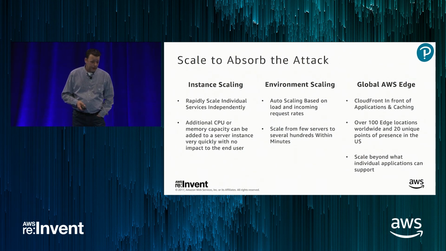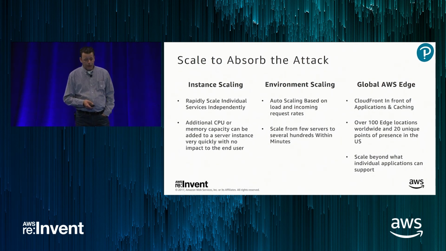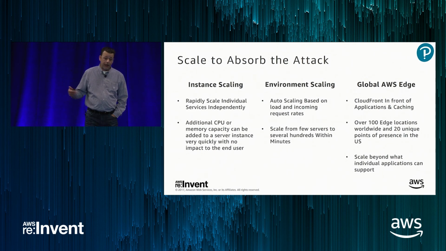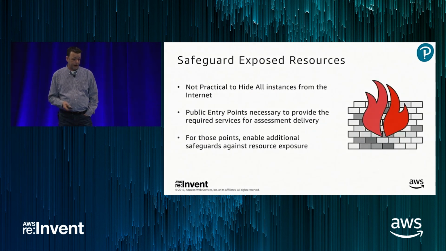Instance scaling, being able to rapidly scale independently within our service tiers, add additional memory, CPU, capacity on demand, auto scaling, and scaling out. And one of the biggest benefits we saw was putting CloudFront in front of all of our applications, allowing that to do our caching for us, and scaling beyond what our actual applications could do.